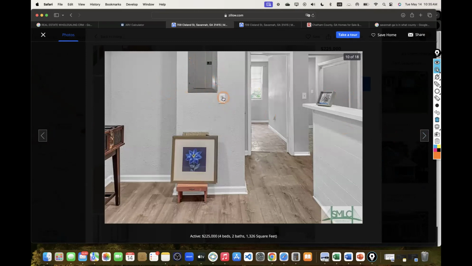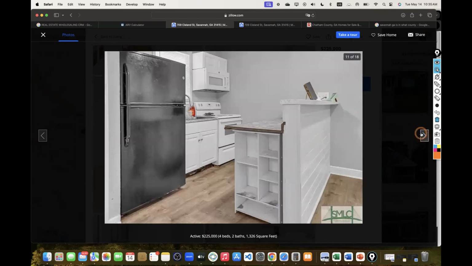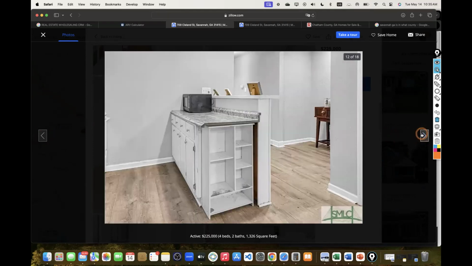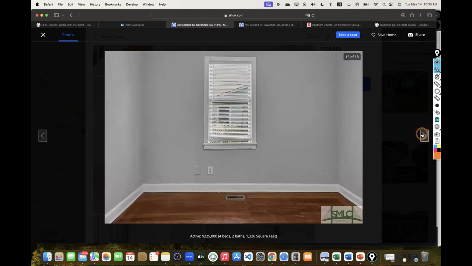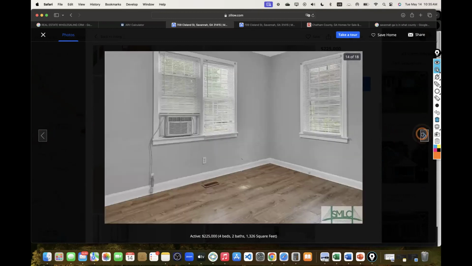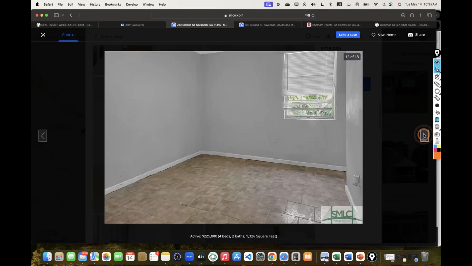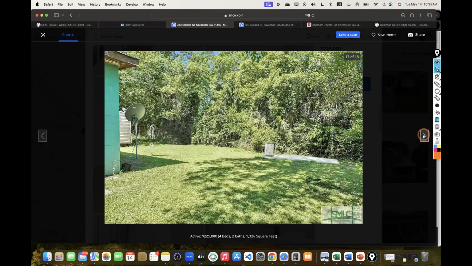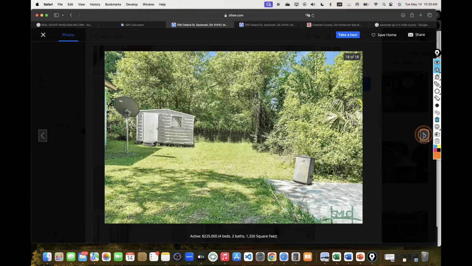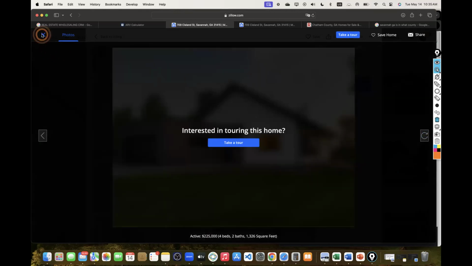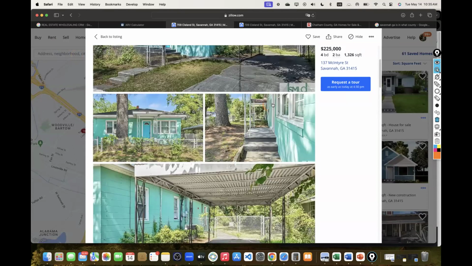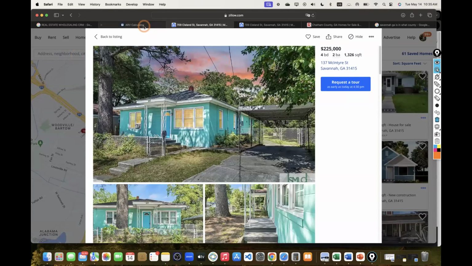This is kind of weird how this is like that, but hey, I didn't do this. Kitchen, they did a very rental style type of kitchen, not bad. Again, windows, flooring. They have some AC units in there, bathroom paint. Outside, they didn't do as much. So again, this looks very much like a rental property overall. But this is selling for 255.